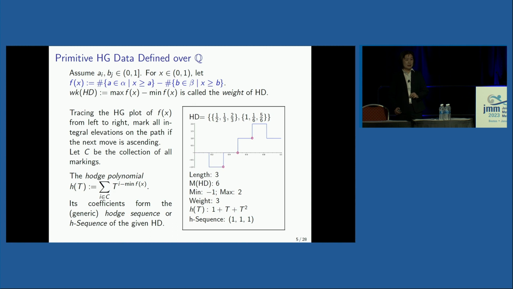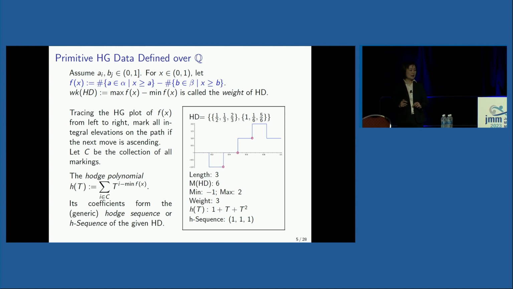And another thing is, if we travel along the plot from 0 to 1, including the vertical ones, each time you get to an integral altitude, as long as the next move is going up, you do a marking and mark it by a small red circle.